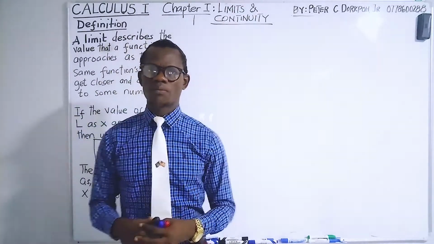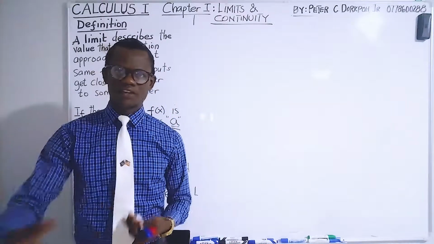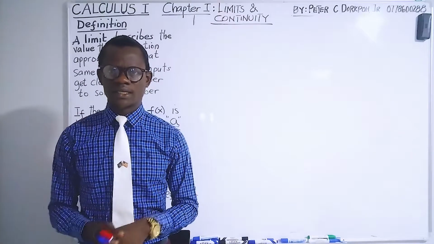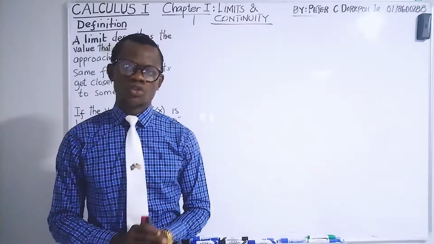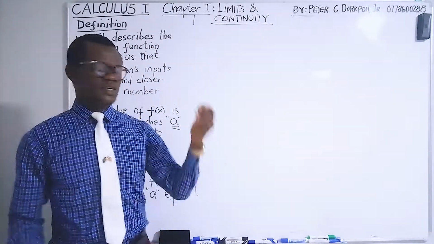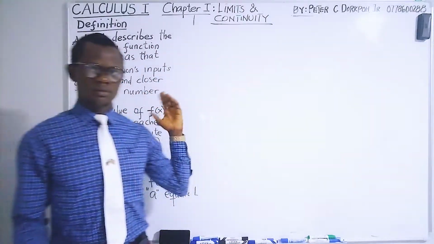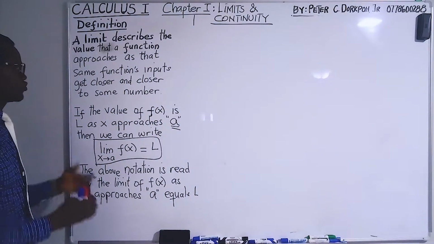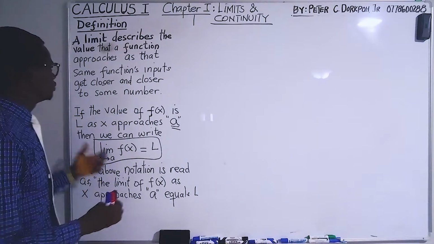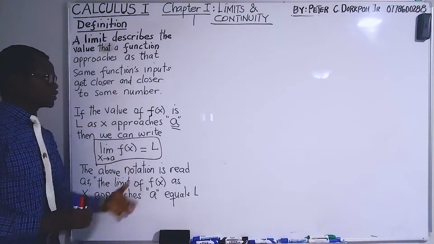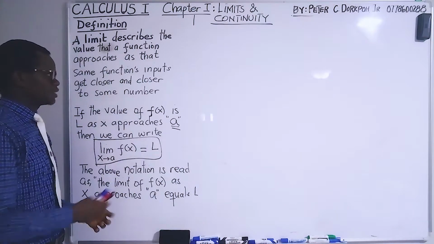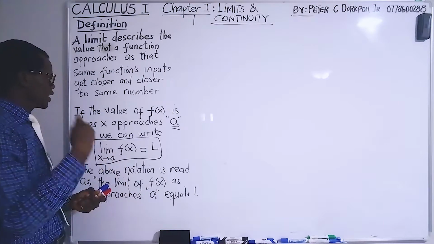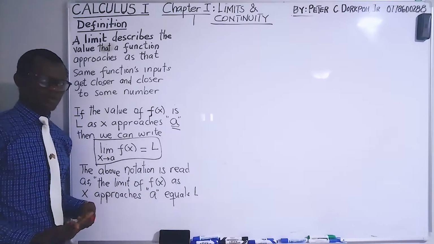So now we want to take more time to dive into calculus 1 and see how best we can understand it. To begin, we want to start with limits. The limit describes the value that a function approaches as the function's inputs get closer and closer to some number.